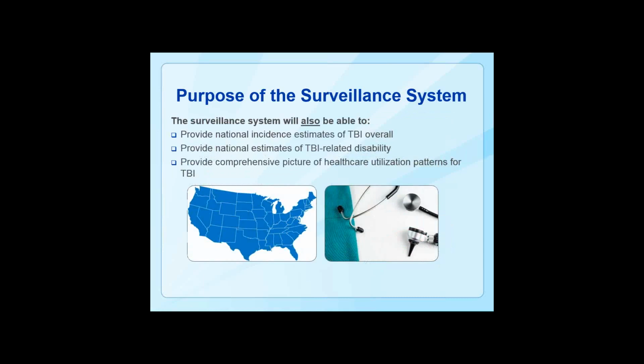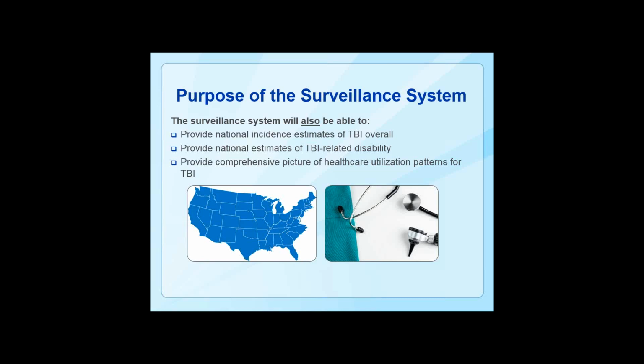As mentioned earlier, the way we have developed our methodology enables us to provide additional valuable information. The broader goals of the system include national incidence estimates of TBI overall, national estimates of TBI-related disability, and a comprehensive picture of healthcare utilization patterns for TBI.